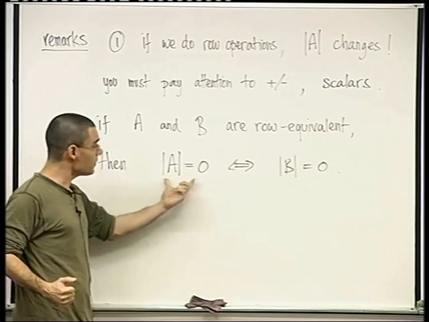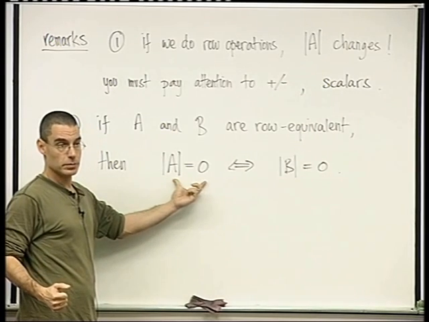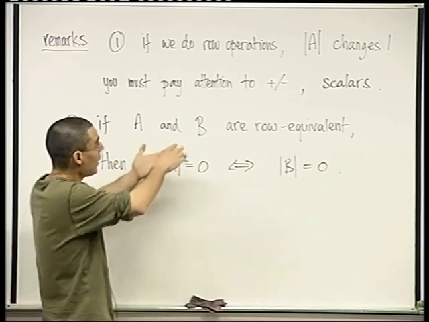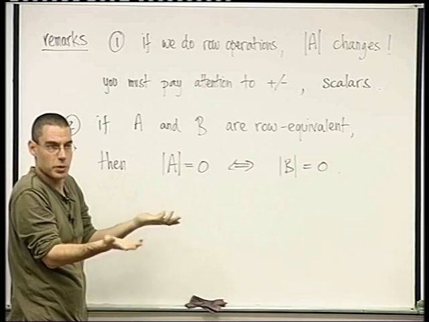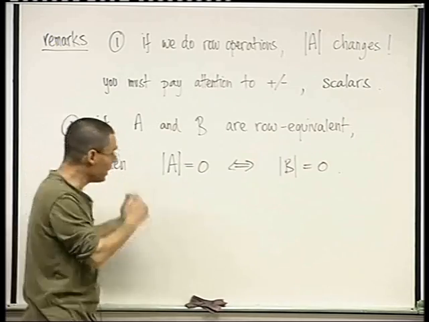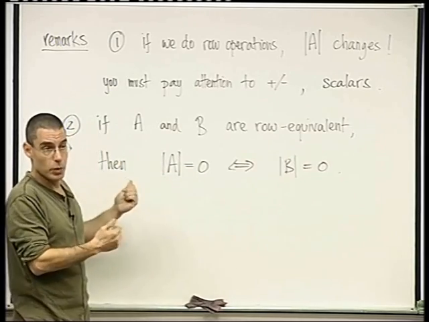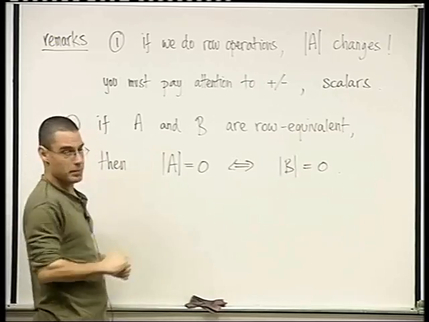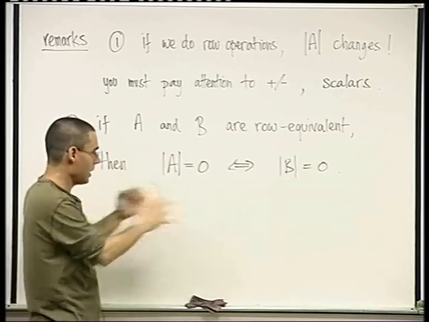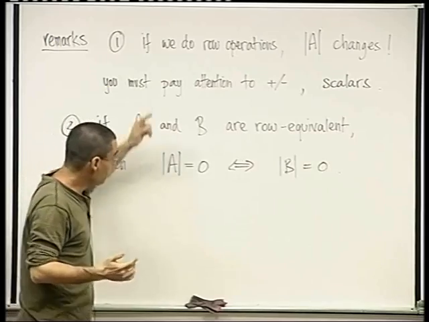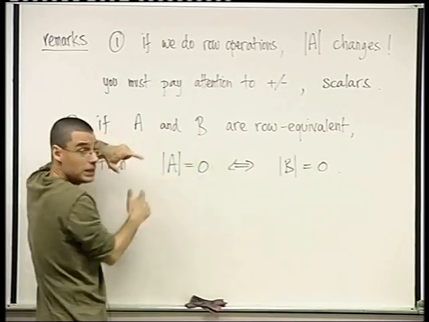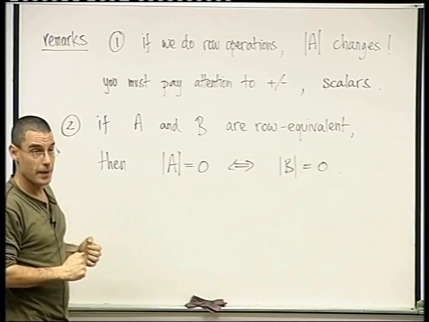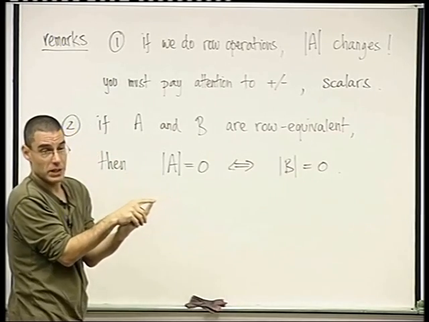Why? Because if the determinant of A is 0, all these operations, plus or minusing 0, would not change it, would keep it a 0. And pulling out scalars would not change it, because you'd get 5 times 0, times 7 times 0, times whatever. So these row operations, which is what you do to go from A to B, one of them doesn't change the determinant at all.